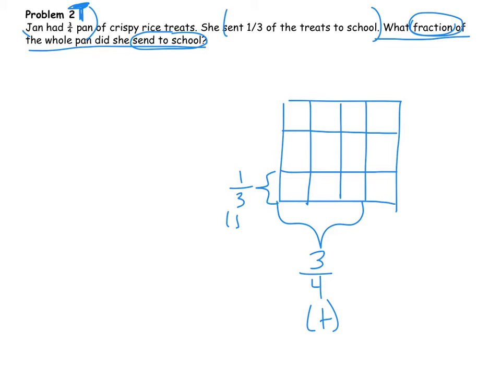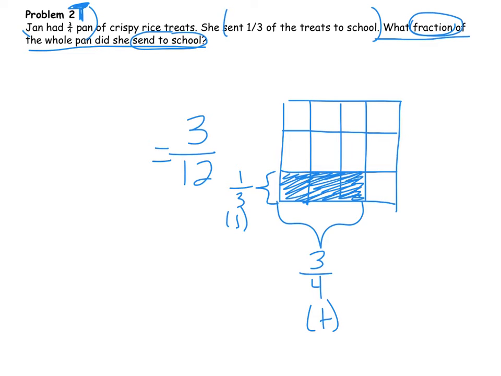And that's sent to school. All right, so how much is shaded? I'm going in the first row, all the way until my bracket ends. So I know it's going to be 3 out of, well, how many boxes are there? 1, 2, 3, 4 in a row, and there are 3 rows. So 4 times 3 is 12.